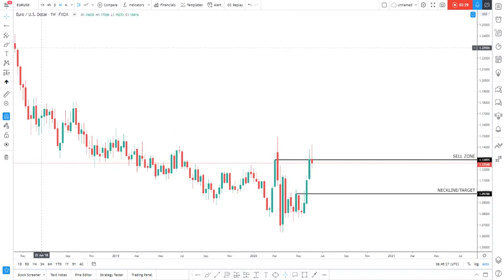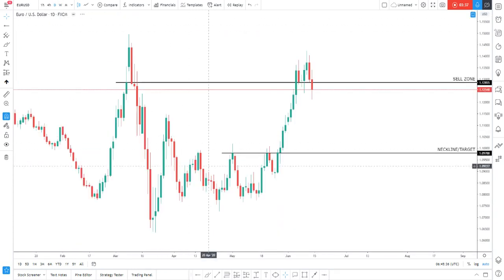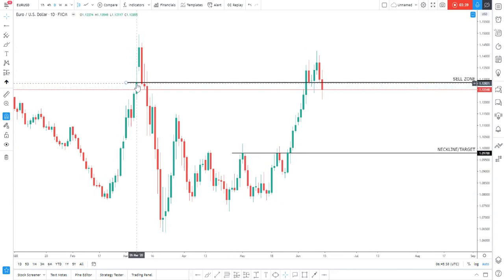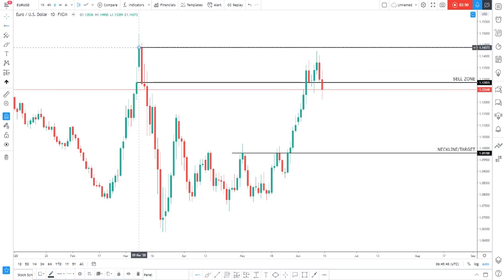But let's go down to the daily time frame to get more confluences if EURUSD is going to be a short. Now on the daily time frame, we can see it actually aligns with an area of structure. And if I pick price back around this area, it aligns perfectly and well.